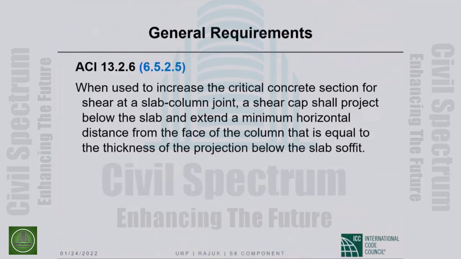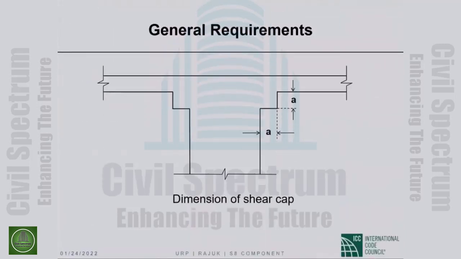When used to increase the critical concrete section for shear at a slab column joint, okay, so if we are not trying to decrease the reinforcement of the bending moment, our purpose is only to increase shear capacity, then the projection is called a shear cap, not a drop panel anymore. And a shear cap also has dimensional limitations.